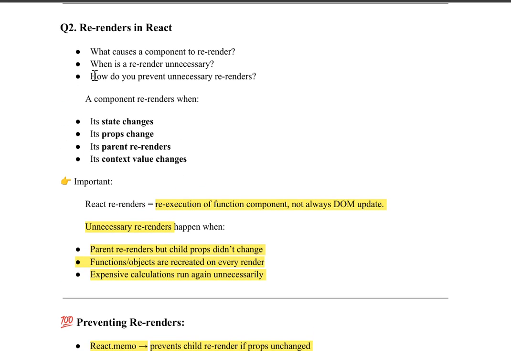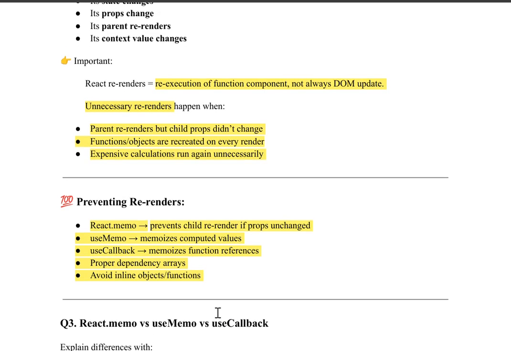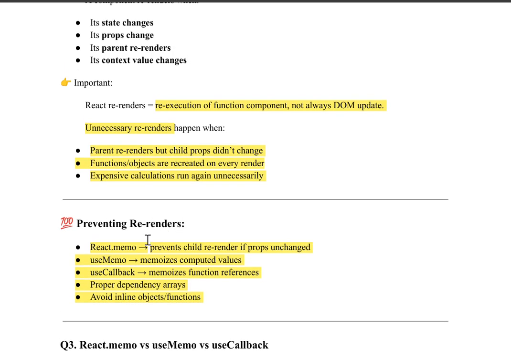Okay, the third question is how do you prevent unnecessary re-renders? It is simple. We can use React.memo, useMemo, and useCallback. So these are the hooks. React.memo will prevent child re-render if props are unchanged.